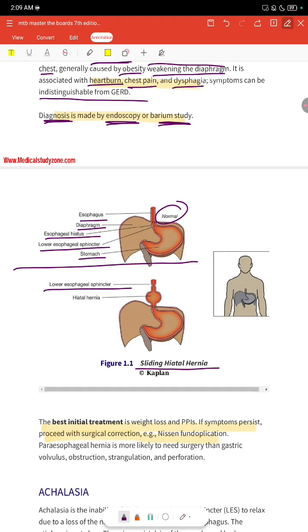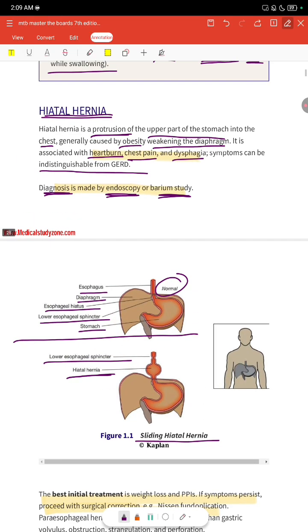And in this diagram you see the lower esophageal sphincter has come out of the esophageal hiatus and it lies above the normal level of the lower esophageal sphincter. And there is a hernia, a protrusion of the upper part of the stomach into the chest, and that's what we call hiatal hernia.